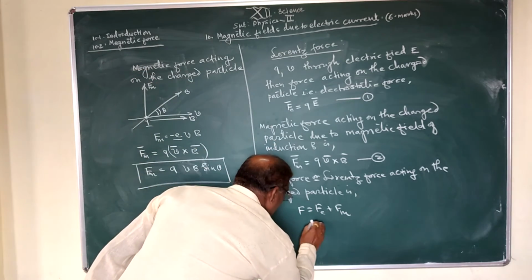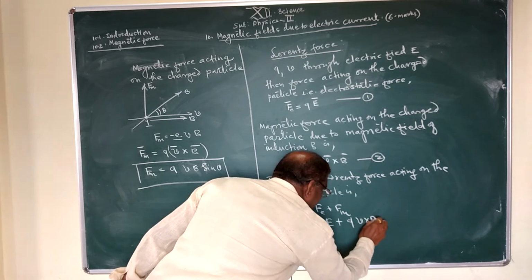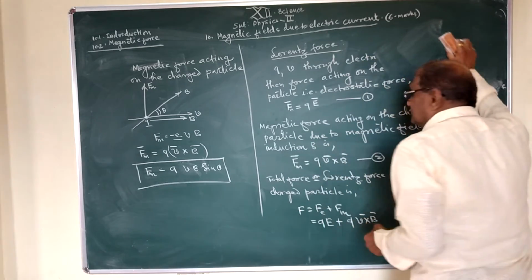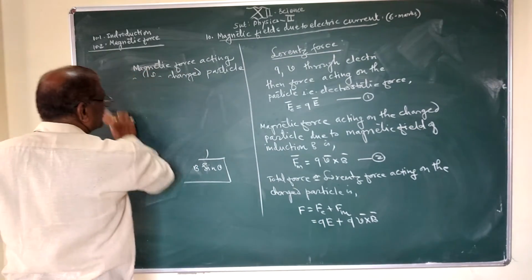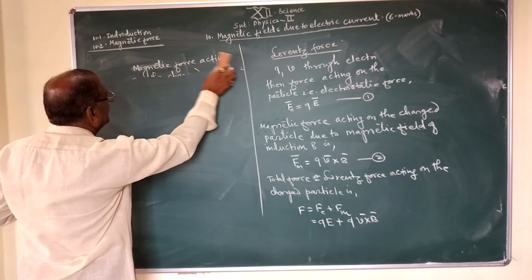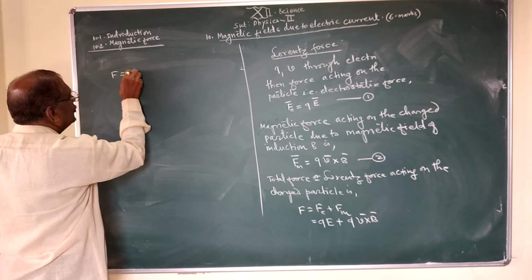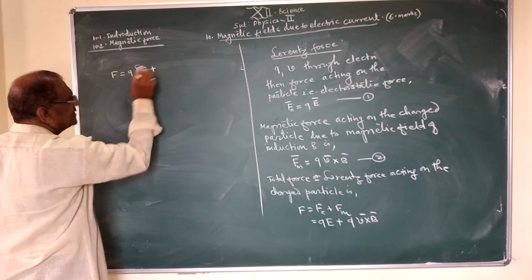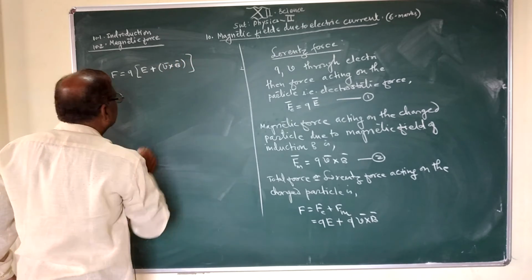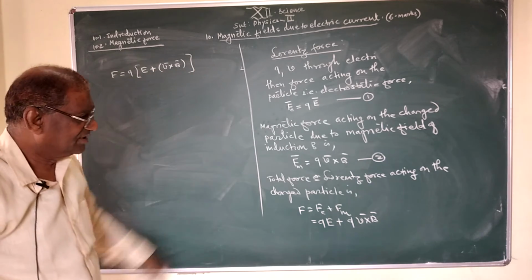Fe is Q into E plus Q V cross B, or F is equal to Q, common in the bracket, E plus V cross B. This is the equation for the Lorentz force: F is equal to Q times E plus V cross B.